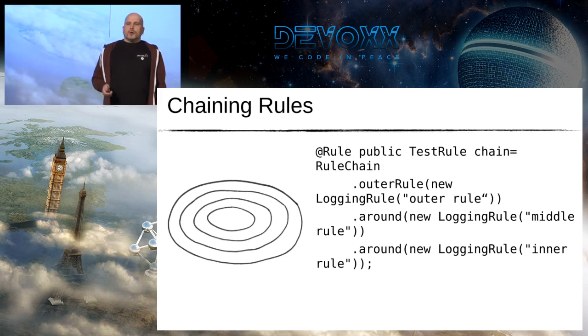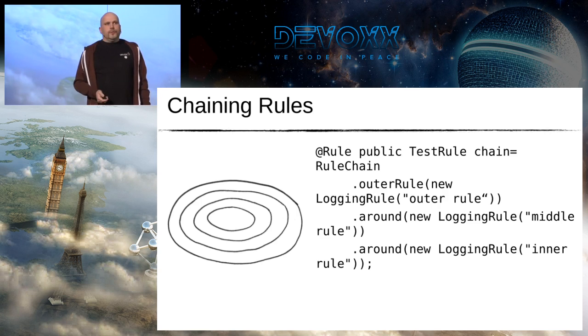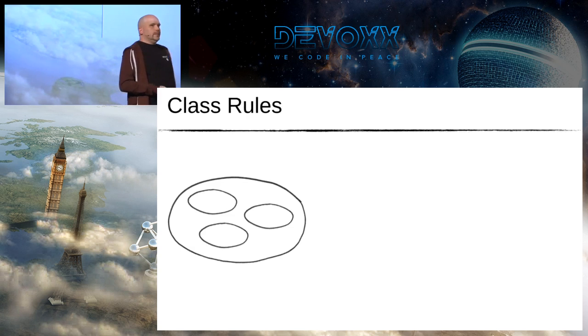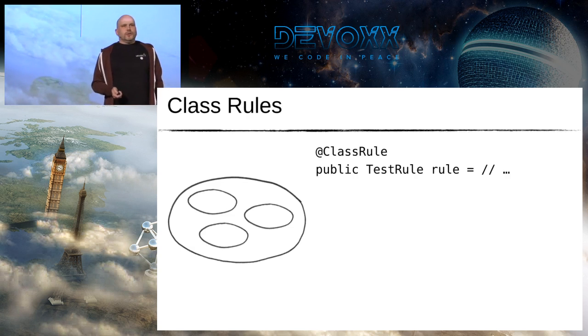In the beginning we talked about before and after, and there's something obviously missing. Any ideas? Exactly. If you have before and after, you need before and after class. Just has to be this way. And luckily there's a thing called class rules. And it's really annoying because it's extremely easy. You just use a slightly different annotation.